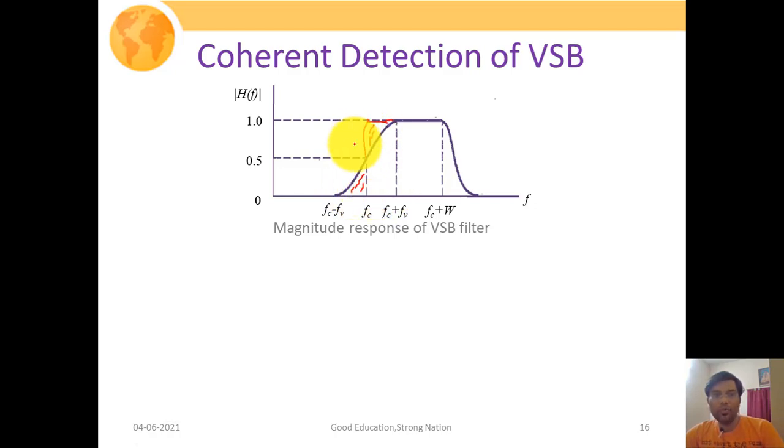We are omitting this portion and passing this portion. Due to that symmetry, these two portions are almost the same. Think about the symmetrical aspect of the filter's transfer function, and you will easily get the idea of what purpose that symmetry fulfills for us.